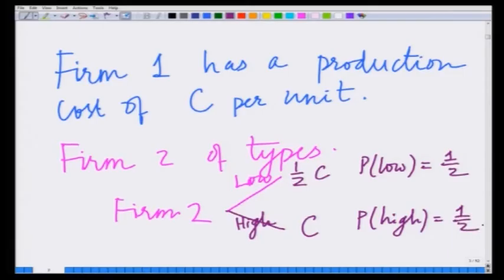So, there are two types of firm 2. Firm 2 can be of type low, which has a low production cost of half C per unit, and firm 2 can be of type high, which has a production cost of C per unit, and the probability of each of these types is half each.